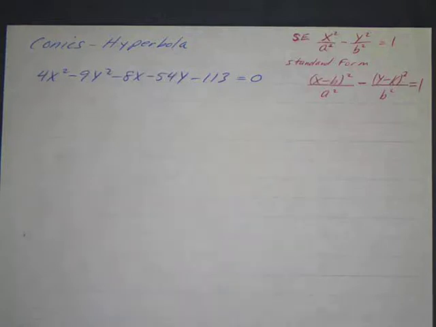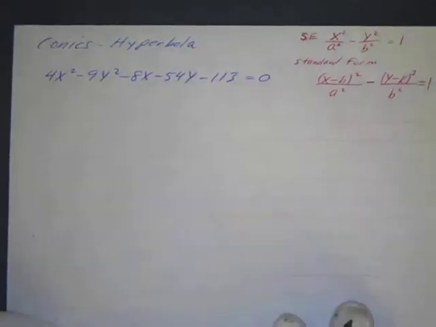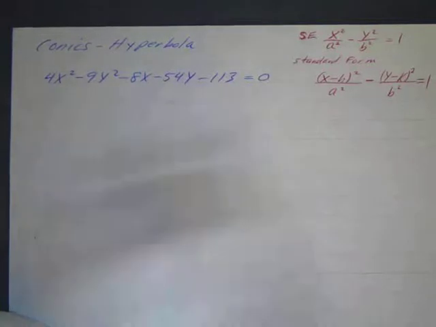So first of all, we have to separate these. We're going to do a double completing the square process again, as we went over in class.